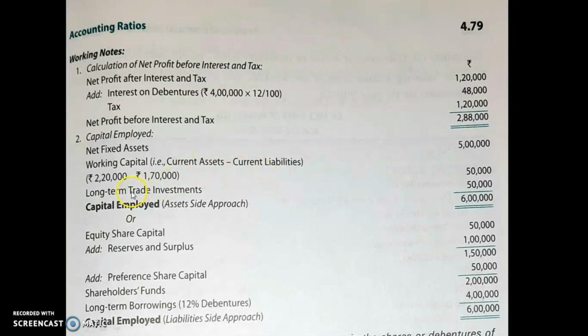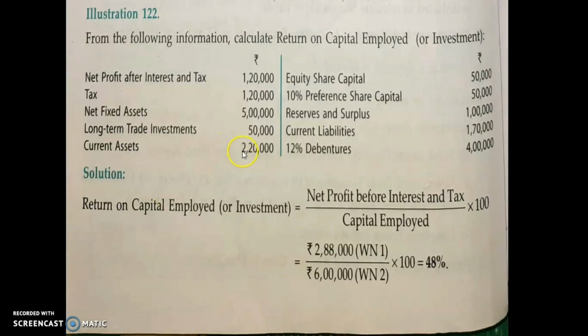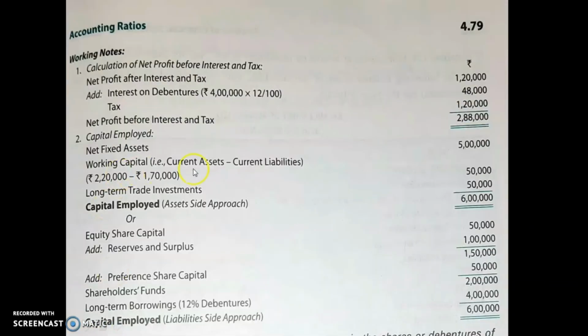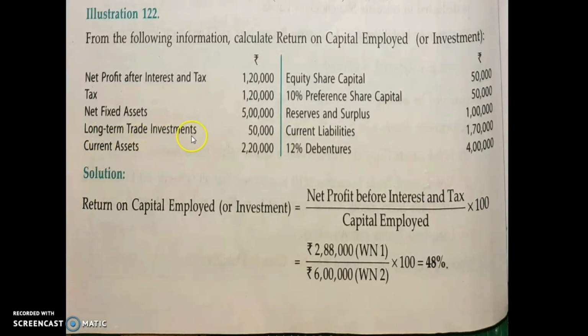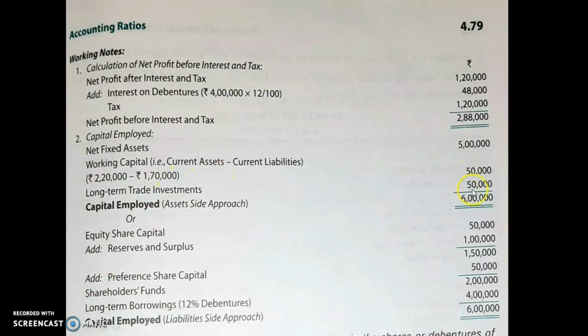As per the question, your current asset is given as 2,20,000 and current liability is given as 1,70,000. So working capital, current asset minus current liability, is shown as 50,000 here, and long-term trade investment. So here long-term trade investment is 50,000. When you add up all these items, you will get 6 lakh as your capital employed under asset approach.